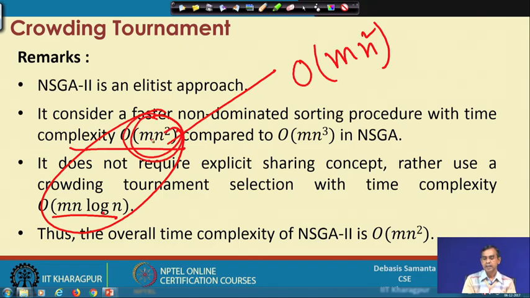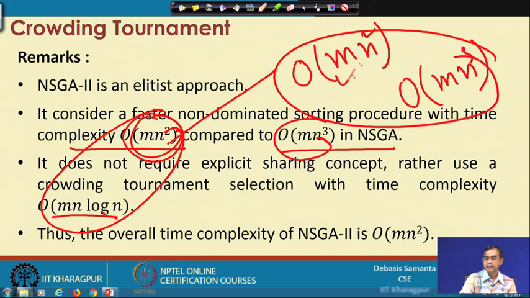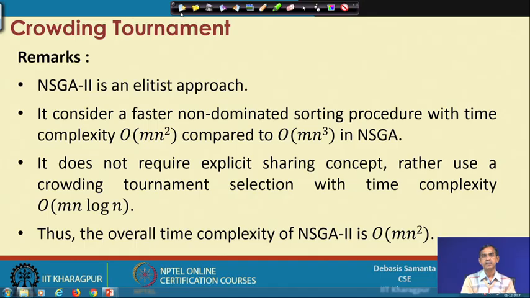On the other hand, in NSGA it is order of mn cube, and out of these two, NSGA 2 has the time complexity with lower effort. That is why NSGA 2 is a fast method, and it is an elitist method.